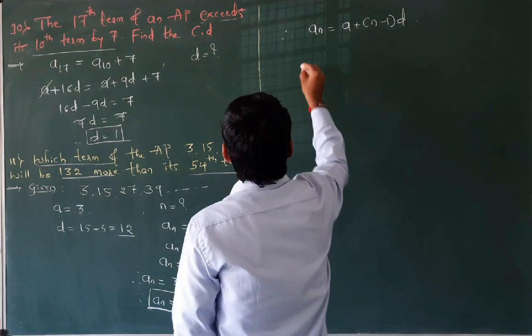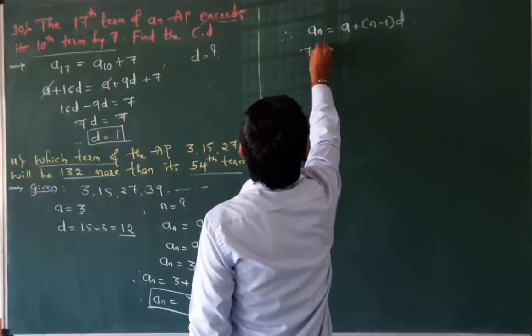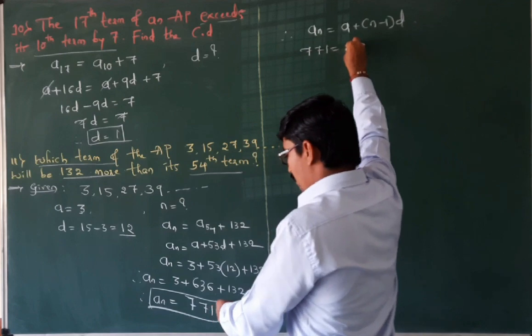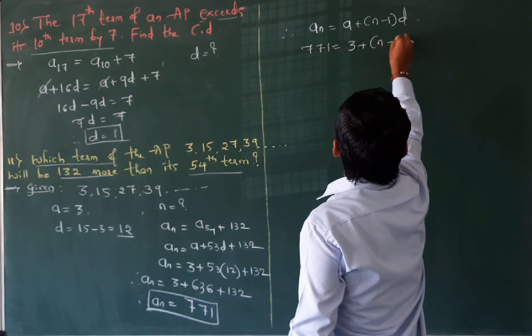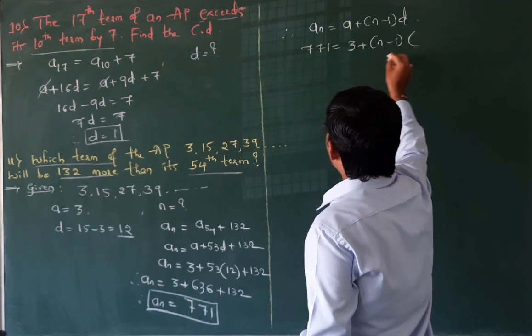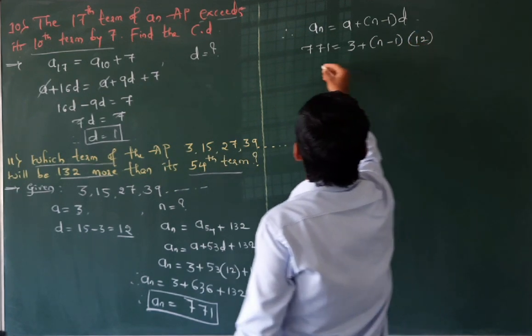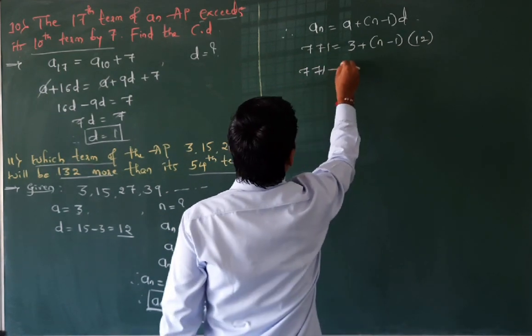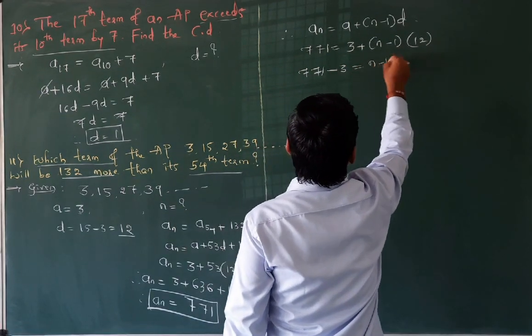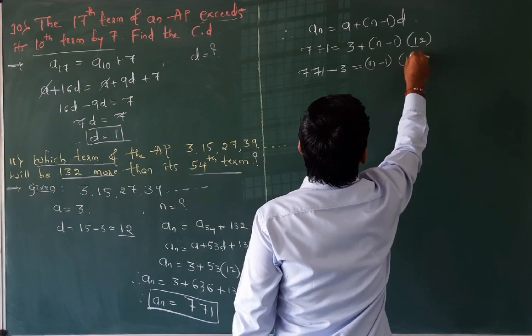An is equal to 771, equal to the A value, that is 3, plus N minus 1, the D value is 12. So 771, and 3 comes here, it becomes minus 3, is equal to N minus 1 into 12.